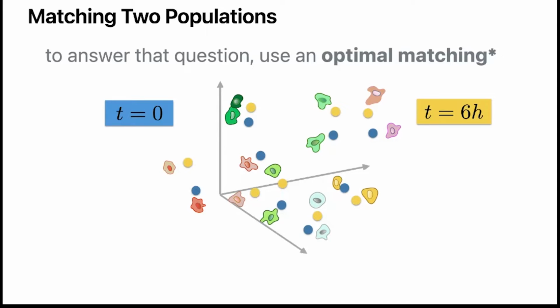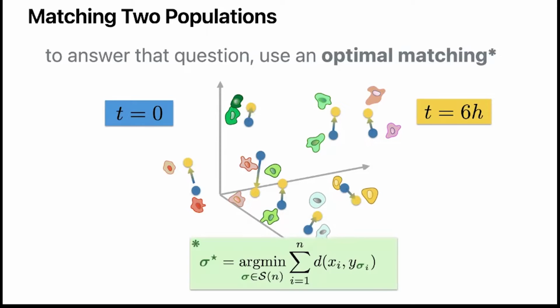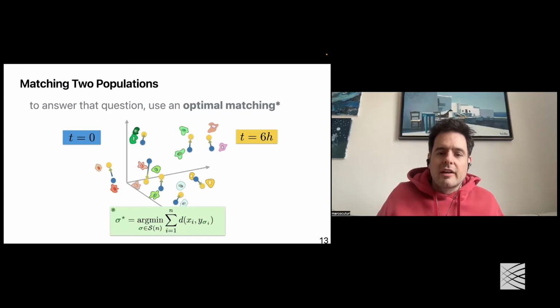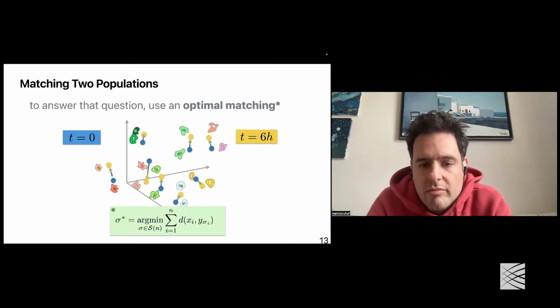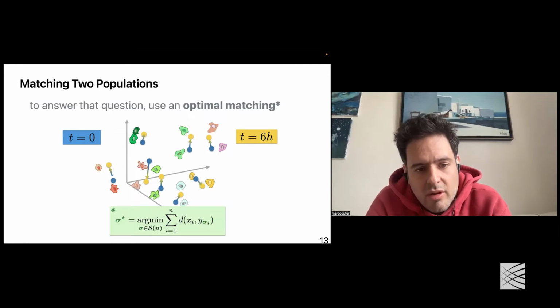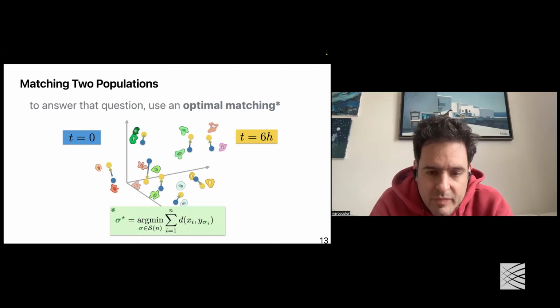So what this results in is a problem which I already presented to you a bit earlier, which is the optimal matching one. We will try to find a permutation that minimizes the sum of distances, and this will be my possible answer on what each of the blue cells could have become later when they became yellow cells.